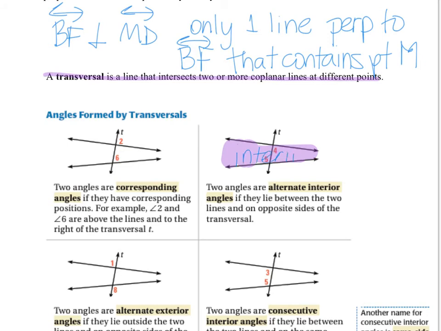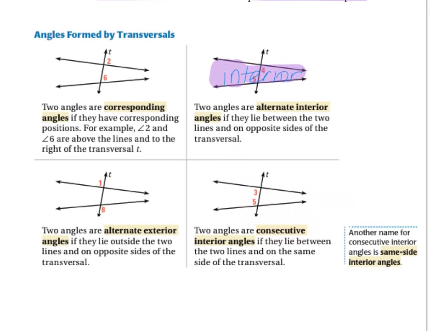So this is the interior. And alternate means opposite. Alternate exterior, so think of above and below, wherever the 2 lines are, as the exterior.